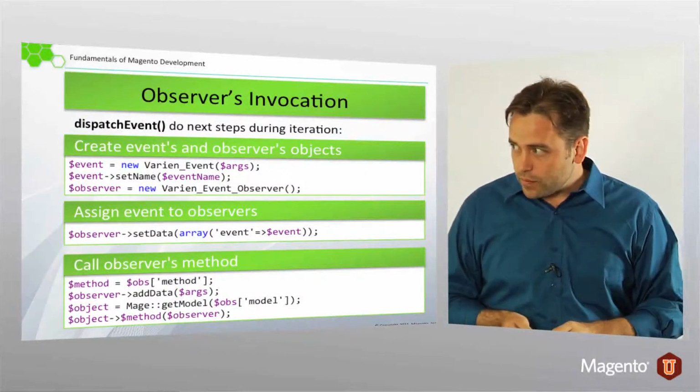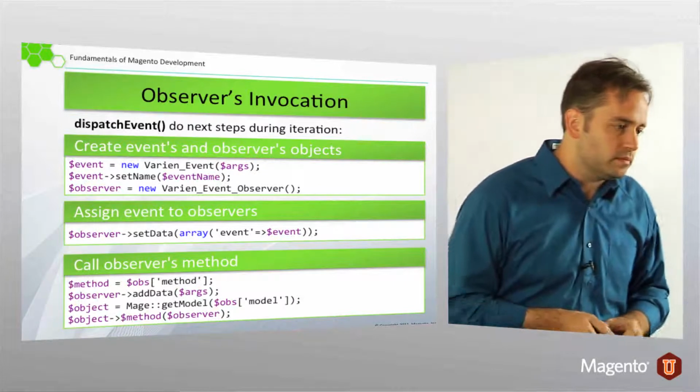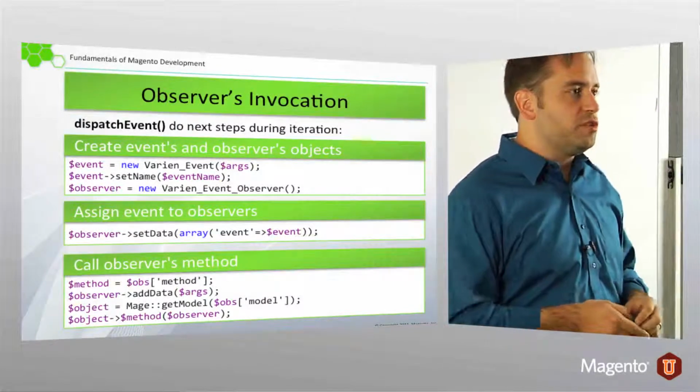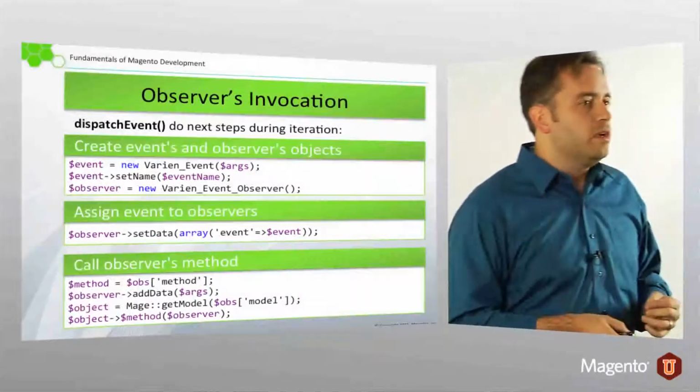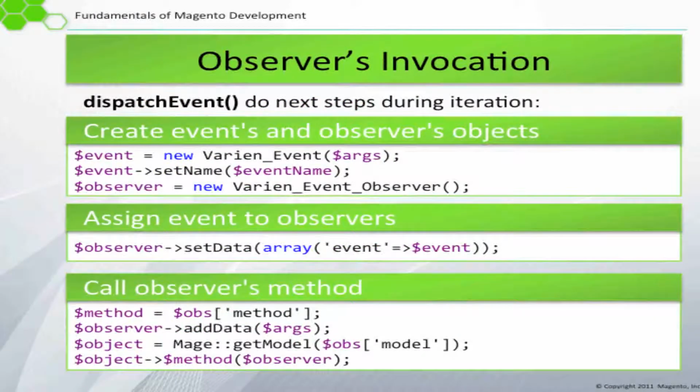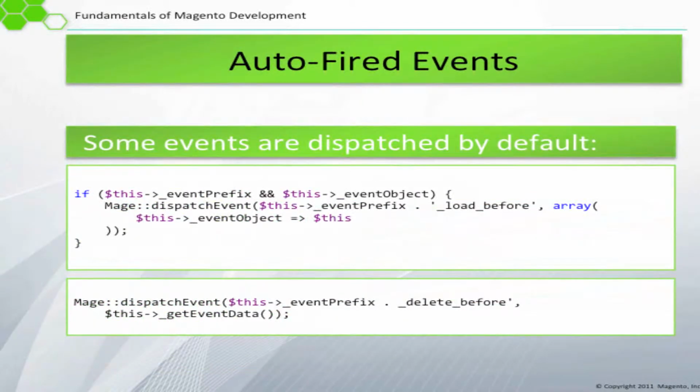After that, our model is free to access those objects and alter them, add to them, and then finish and let the execution stack continue. There's another thing going on here, and I'll have to get into it at some point when we start talking about the Varien object, but I'm not quite ready for that just yet.